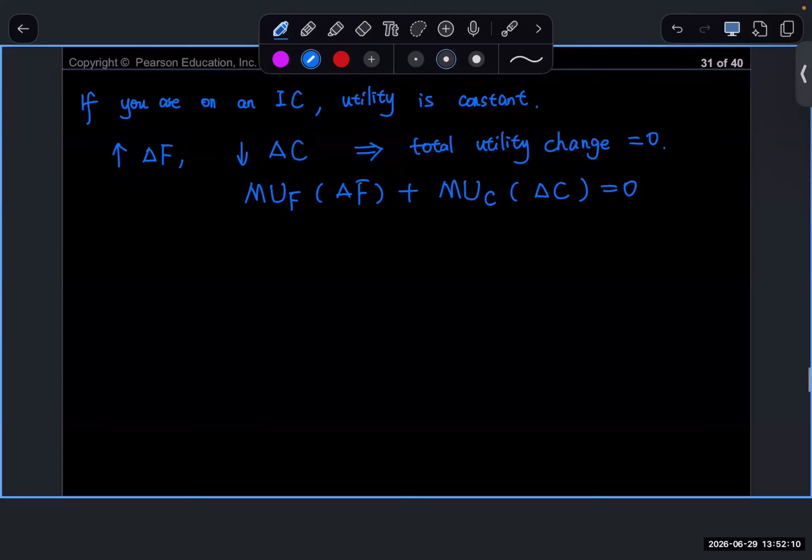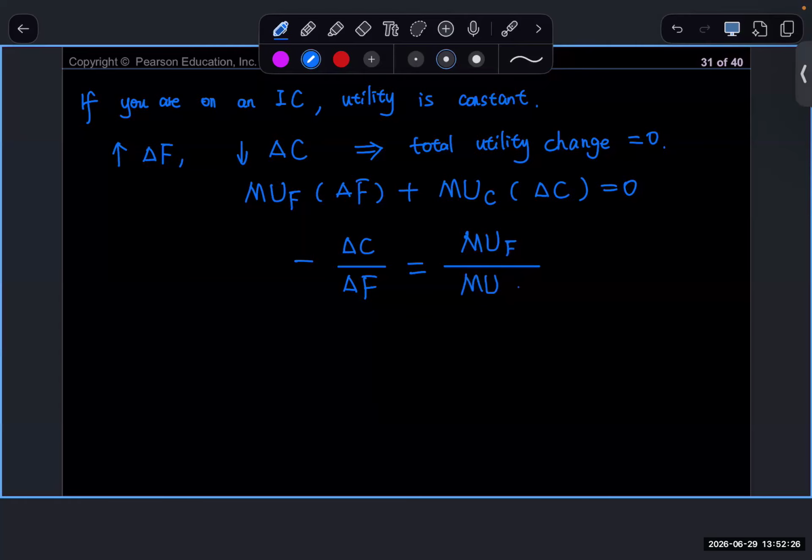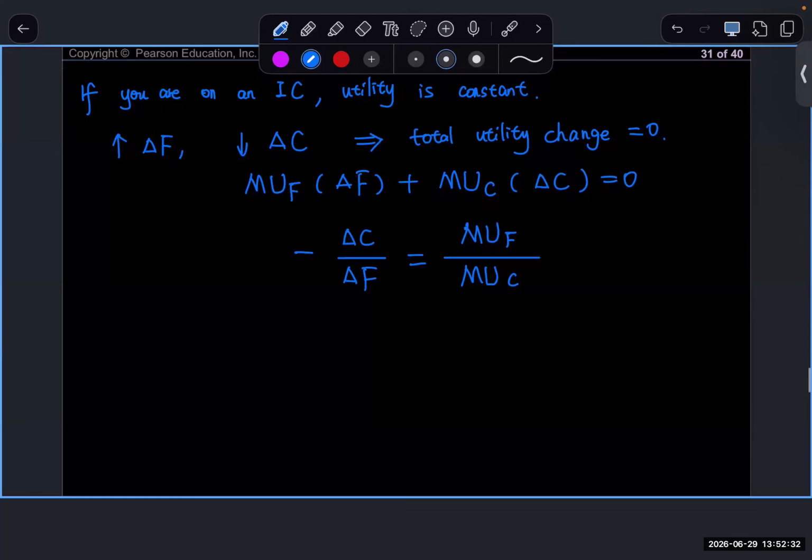And then we rearrange it. We're gonna have negative delta C over delta F equals marginal utility from food over marginal utility from C. What is this?